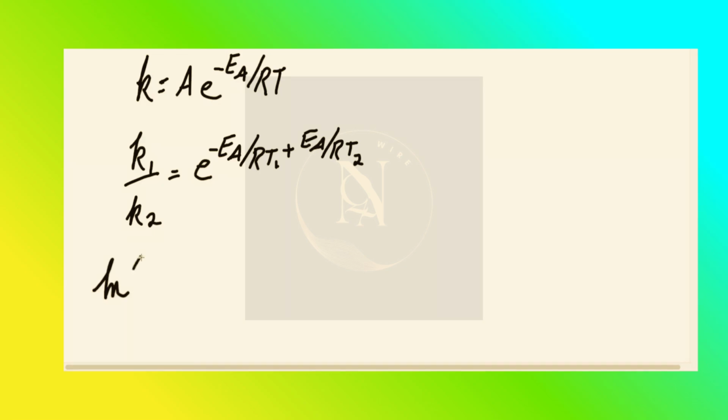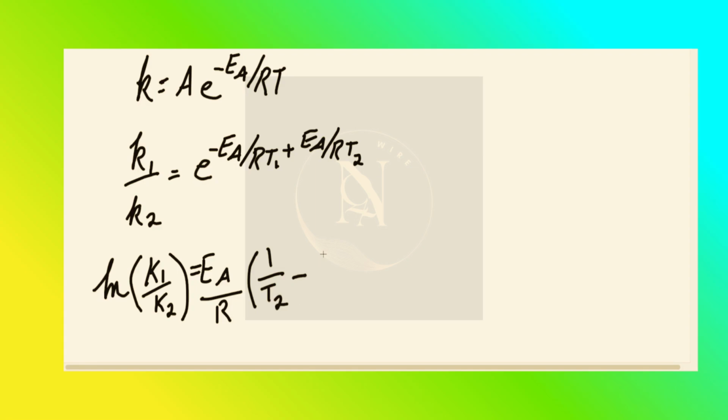So the natural logarithm gets us ln of k1 over k2. The e drops away, and we are left with, there should be an equal sign in here, equals Ea over R, times 1 over T2 minus 1 over T1.